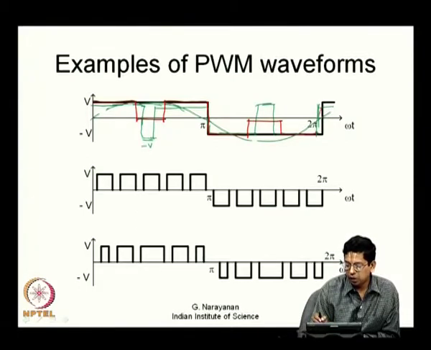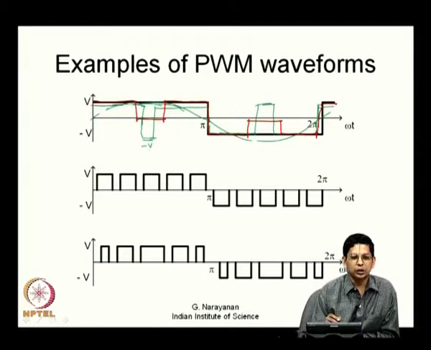So, what have we done now? We are applying a notch during which the voltage is equal to 0 and not equal to minus V. This way we may be able to produce the same amplitude, but the instantaneous error between the desired waveform, namely the sine wave, and the actual applied waveform, namely this pulsed waveform, you can see that it is not very different, it is much less than what it was before.